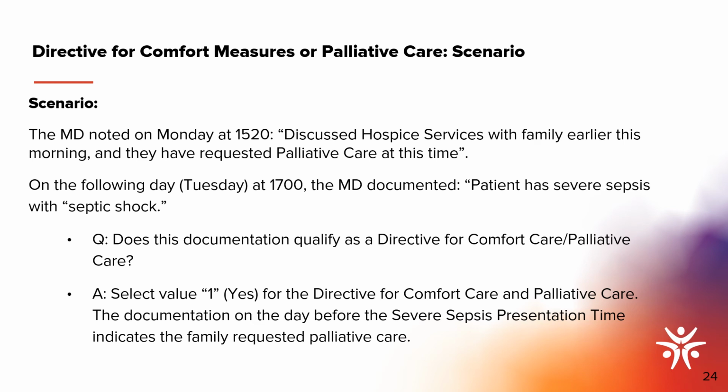The question is, does this documentation qualify as a directive for comfort care, palliative care? The answer is yes. Select value 1 for the directive for comfort care and palliative care. The documentation is on the day before severe sepsis presentation time, and that indicates the family requested palliative care.